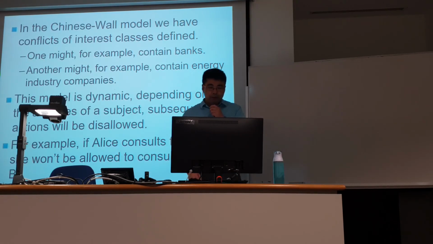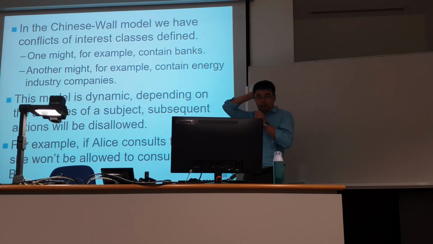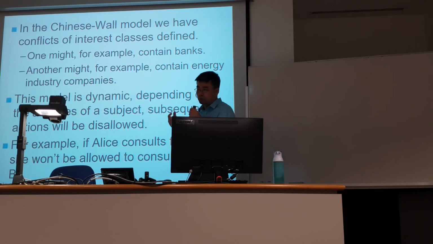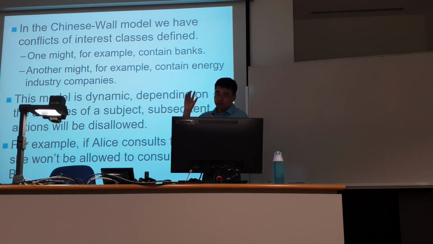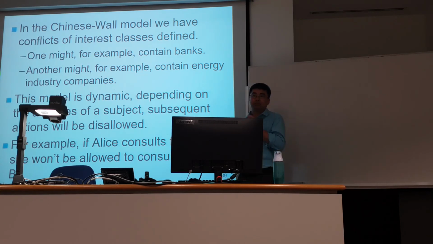Basically, if some data sets have conflict of interest, for example, if you have different banks, and you have a consultant who wants to access the data in different banks, right? In this case, there can be conflict of interest because the two banks can have conflict of interest. So the consultant can only access one of them.